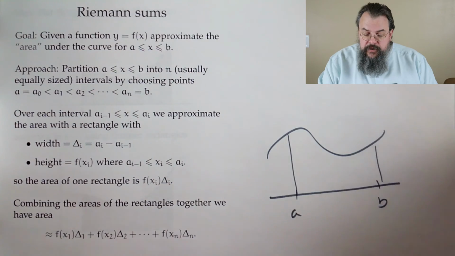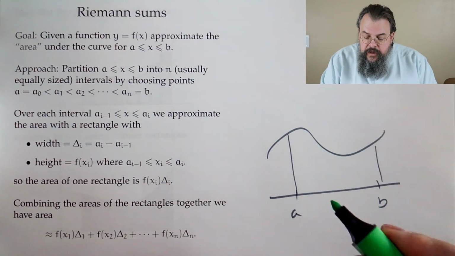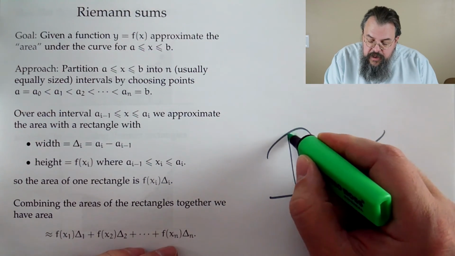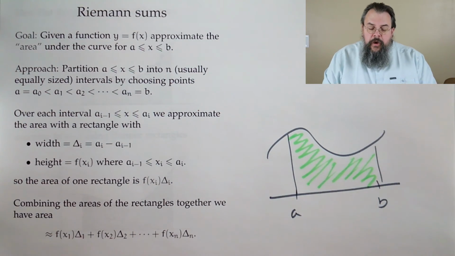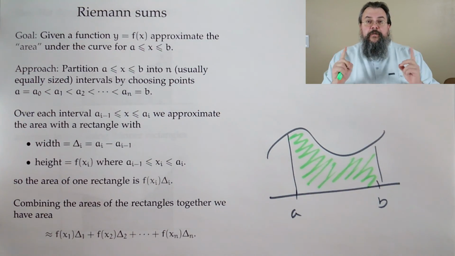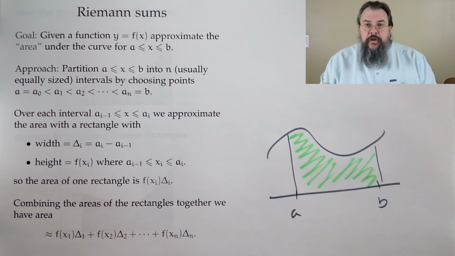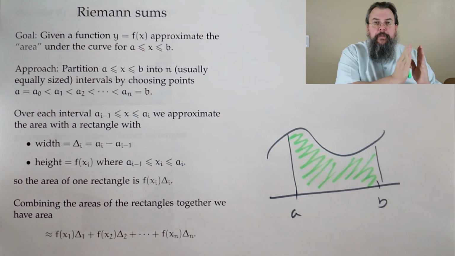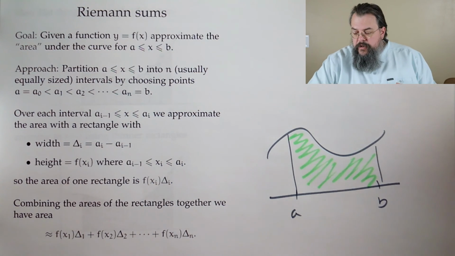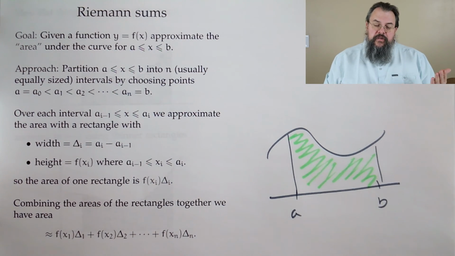So how do we go about doing it? Well, the basic idea is to really just do what we talked about, right? Which says, okay, we're going to split up the interval from A to B. So we're going to think, okay, starting at A, go to B, and chop that up into some number of pieces.